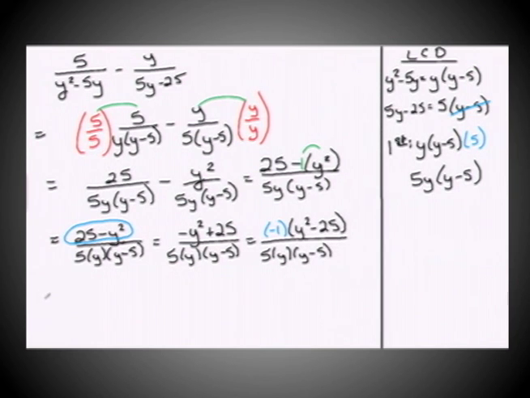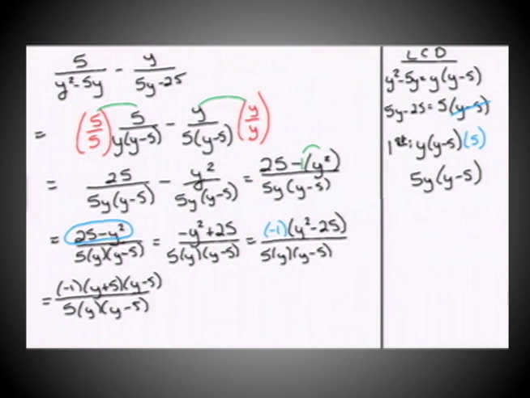All right, so since that binomial in the numerator is a difference of squares, it can be factored as y plus 5 times y minus 5. That's all over our common denominator of 5 times y minus 5.